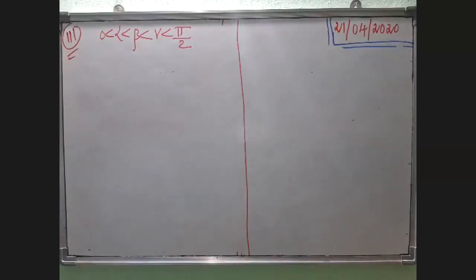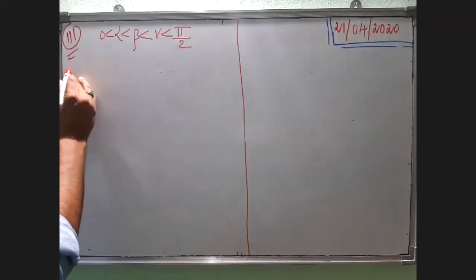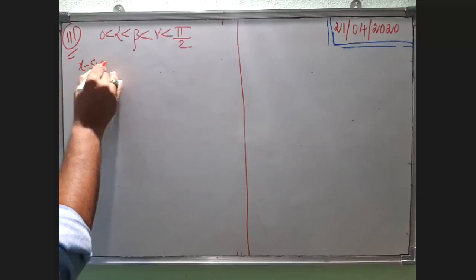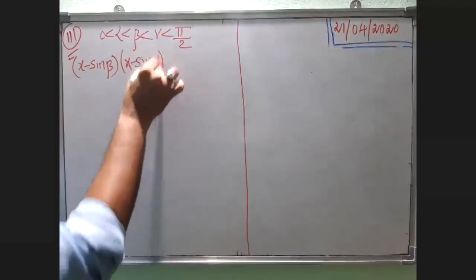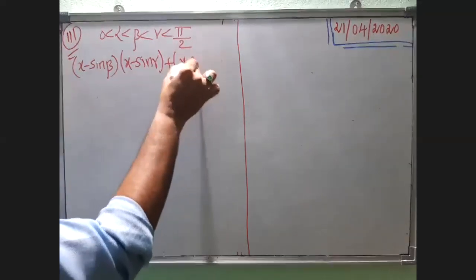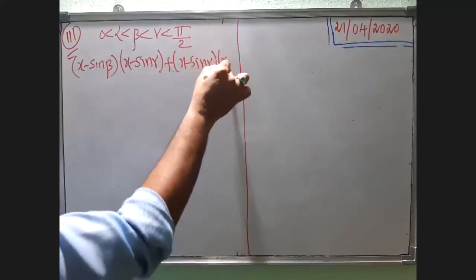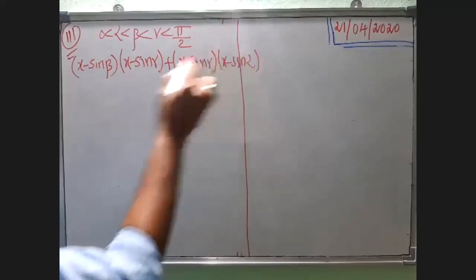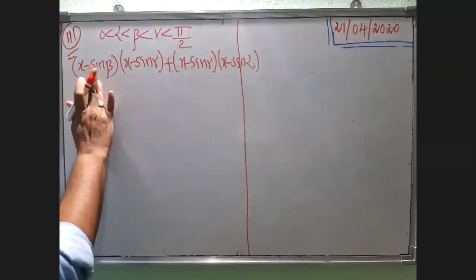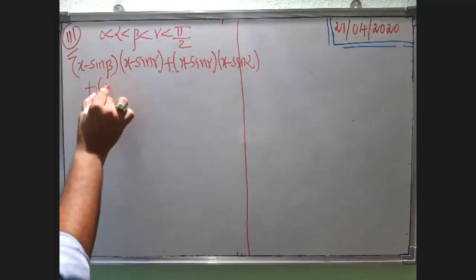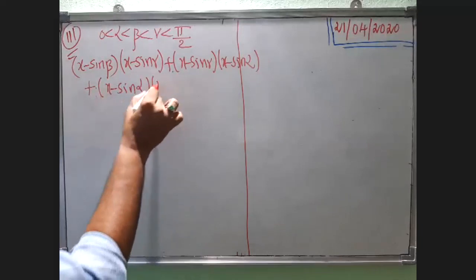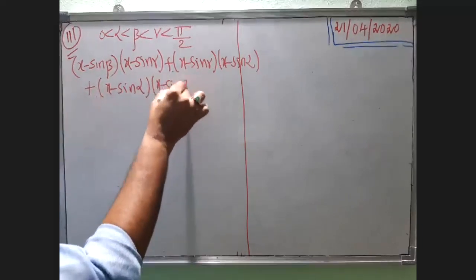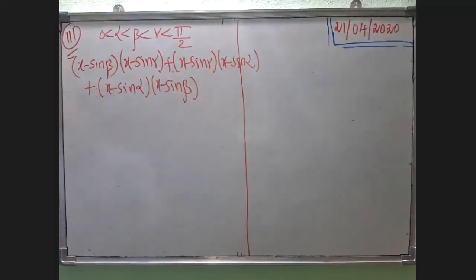Right. Then the equation. He says x minus sin beta into x minus sin gamma, plus x minus sin gamma into x minus sin alpha, plus x minus sin alpha into x minus sin beta is equal to 0.